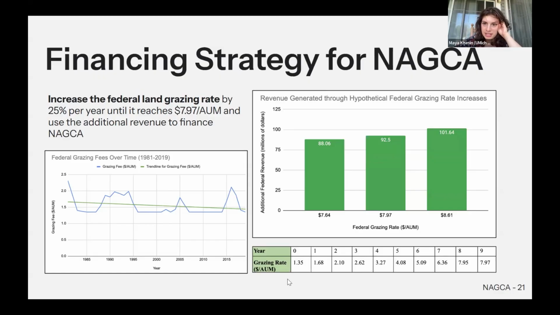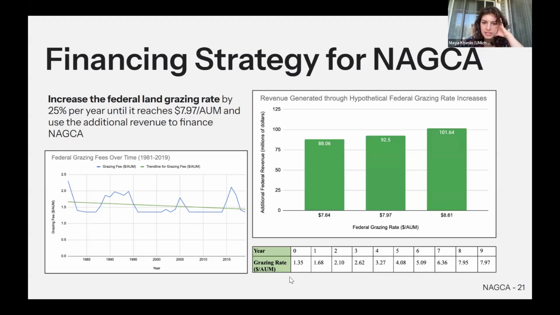One limitation is there's an executive order put out, I think in 1986, that says the federal grazing rate can't increase by more than 25% each year, or actually can't change by more than 25% each year. So applying that cap, we're looking at a 25% increase every year, and that's shown in the table at the bottom.